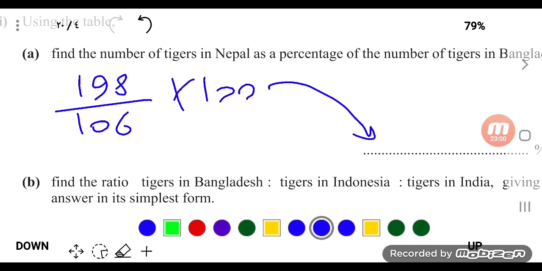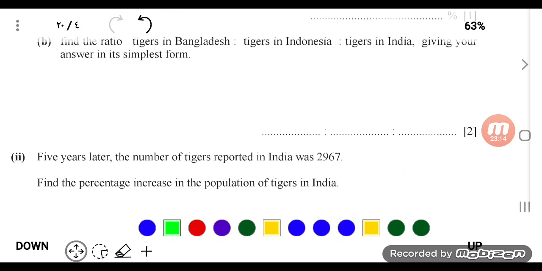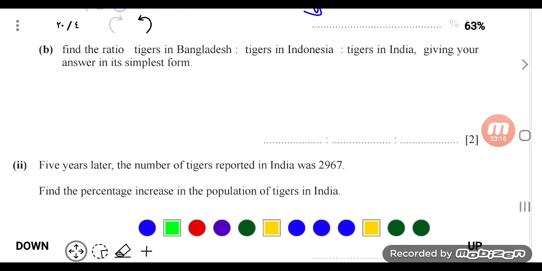Question B, find the ratio of tigers in Bangladesh, tigers in Indonesia, tigers in India, giving the answer in simplest form. This is a ratio question. It's very easy. Just write the numbers, then simplify them. So let's write the numbers. Tigers in Bangladesh, you have 106.